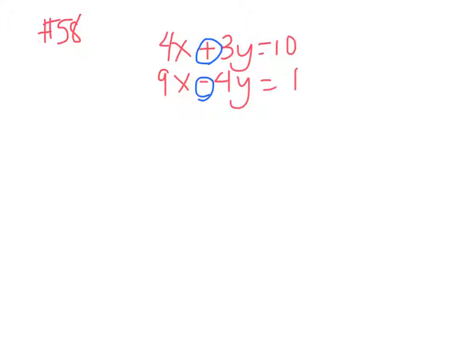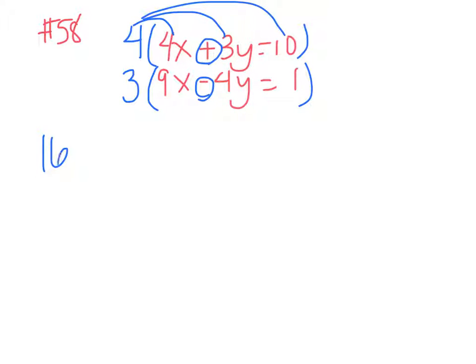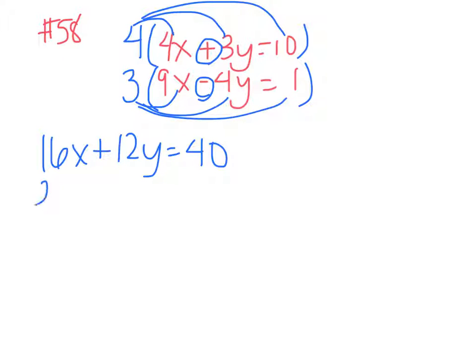But what we can do is multiply the top equation by 4 and multiply the bottom equation by 3. By doing that, and when we multiply the top equation, multiply everything by 4, we get 16x plus 12y is equal to 40. We multiply the bottom equation by 3, we get 27x minus 12y equals 3.